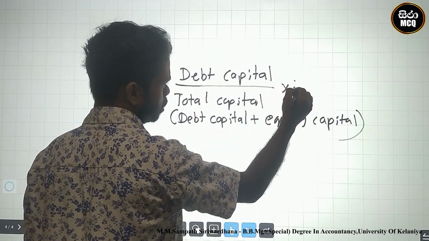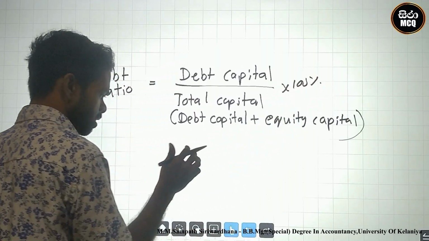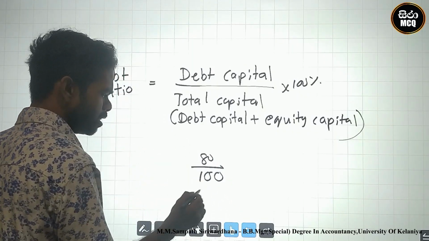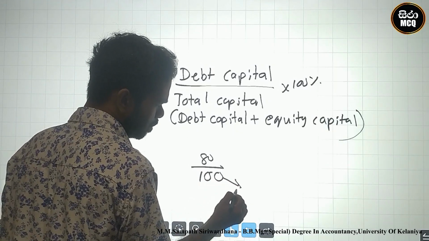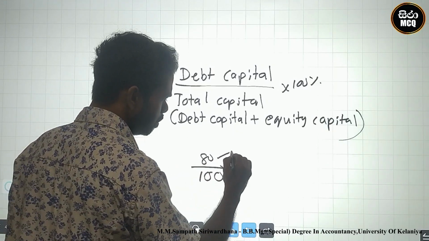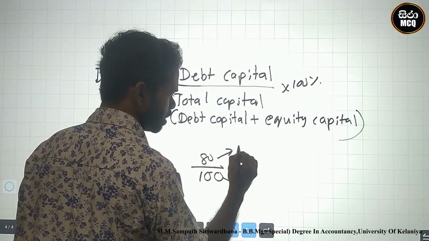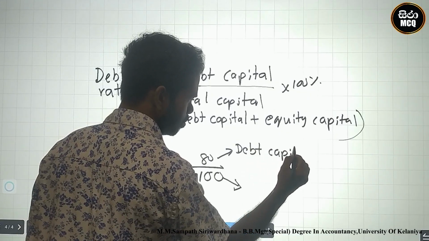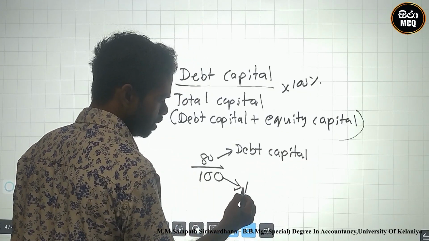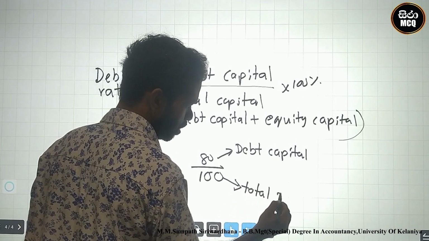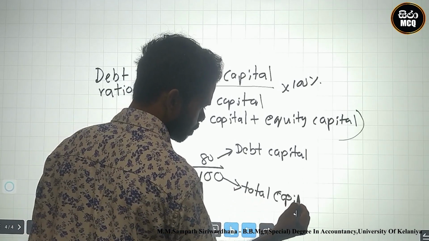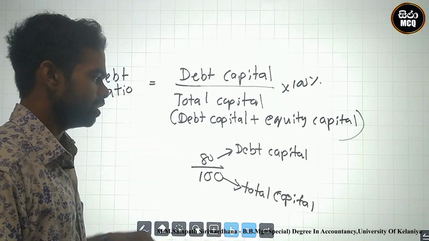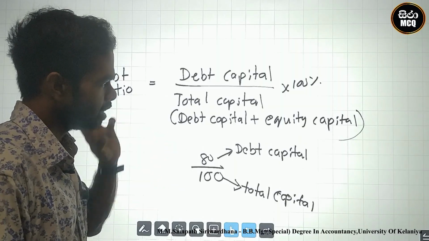In that there is a percentage, no? Say 80%: total capital is 100, but debt capital is 80.